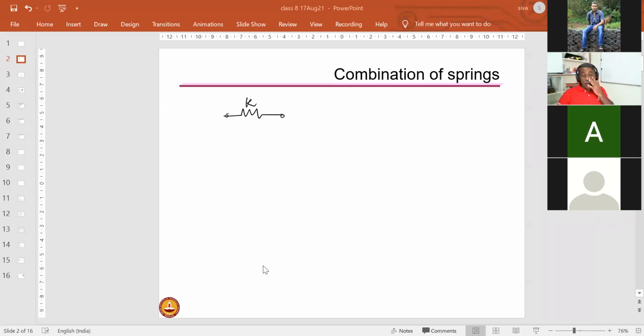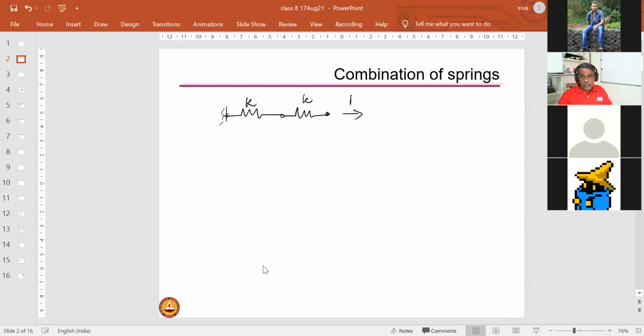Okay. So if I have a spring of stiffness K like this, and I attach another spring K, then I need to find out what would be the elongation for a force that is applied over here, or what is the force for which there is a unit elongation. What I'll get is F is nothing but the stiffness of the system of the springs, right?